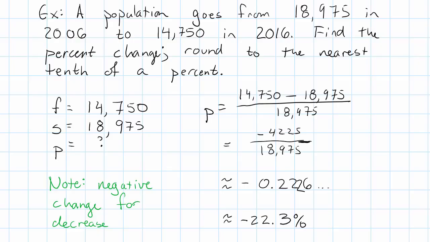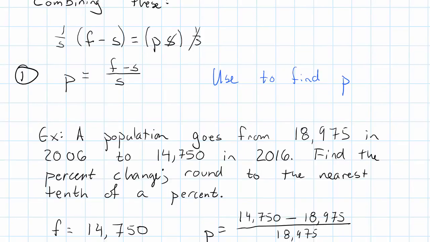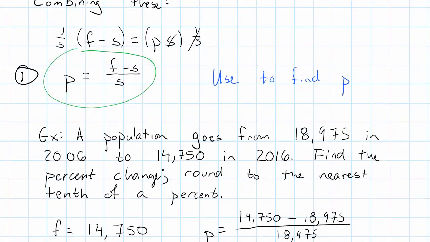Let's back up a little bit and see if we can find a formula now that will be convenient when we want to calculate the final amount or the starting amount. Because this formula is going to be kinda awkward to find the final amount and very awkward to find the starting amount. Okay, so where did we start?